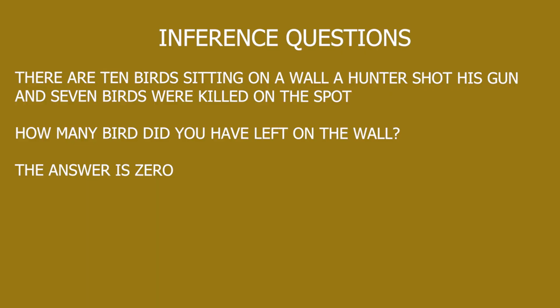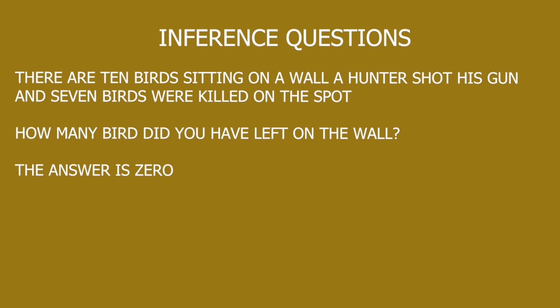I'll give you a small inference again. There are 10 birds sitting on the wall. A hunter shoots his gun and seven birds were killed on the spot. How many birds do you have left on the tree?